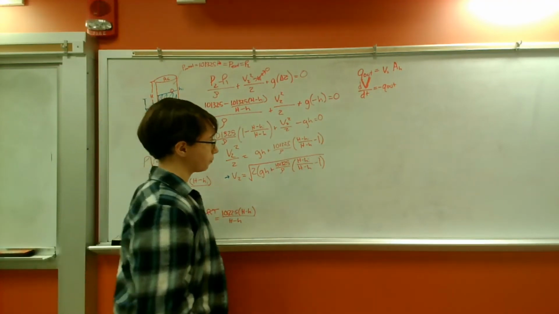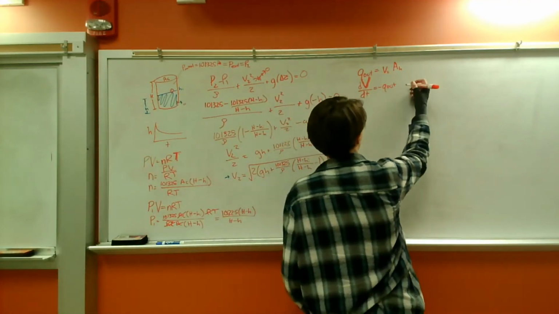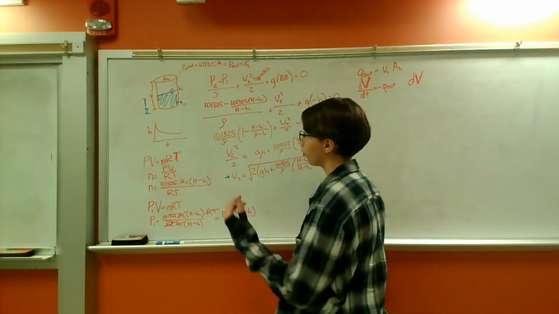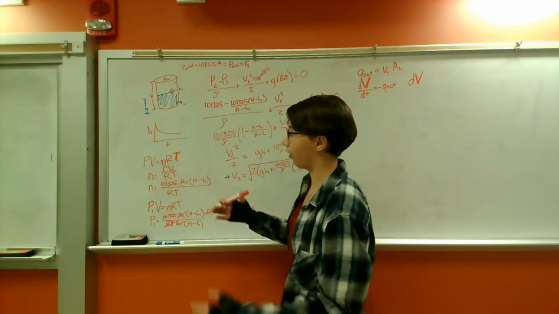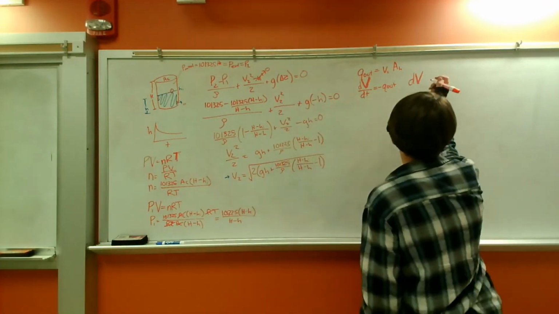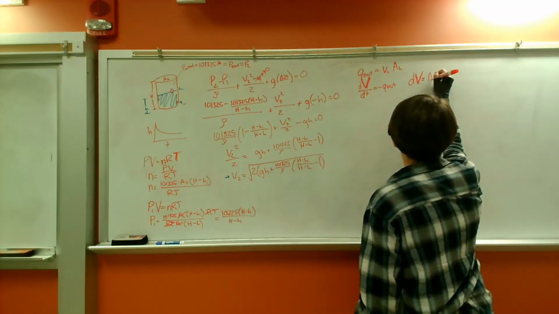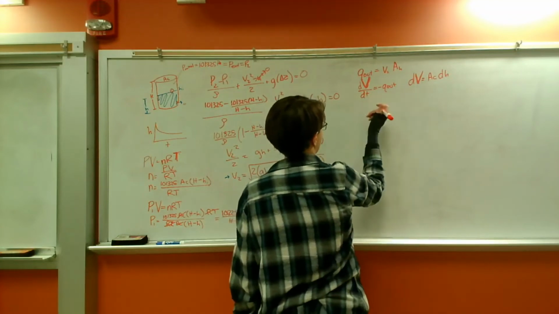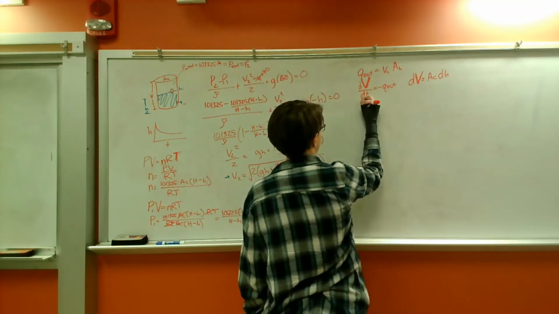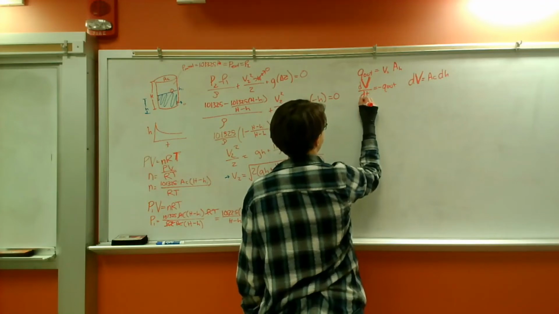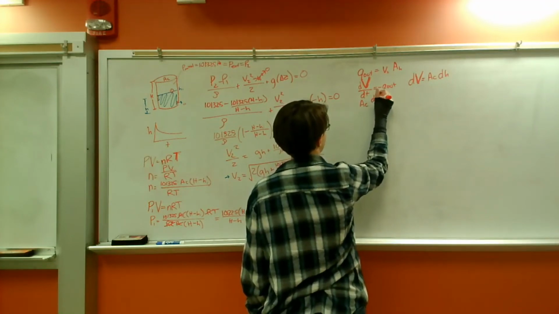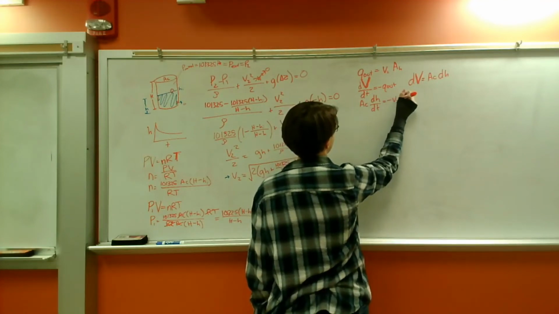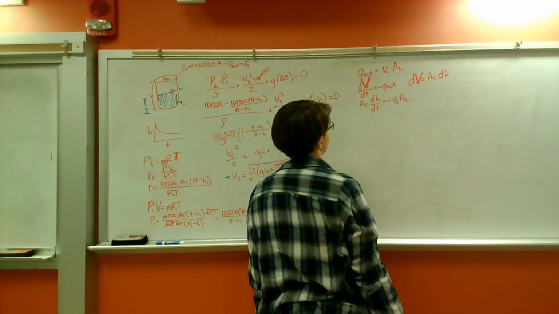And then we can also know that this dV, the volume, is only changing based on the height, the width stays the same, so that is going to be equal to A_C dh. And we plug that in and that in there, so we've got A_C times dh/dt equals negative v2 times the area of the hole.